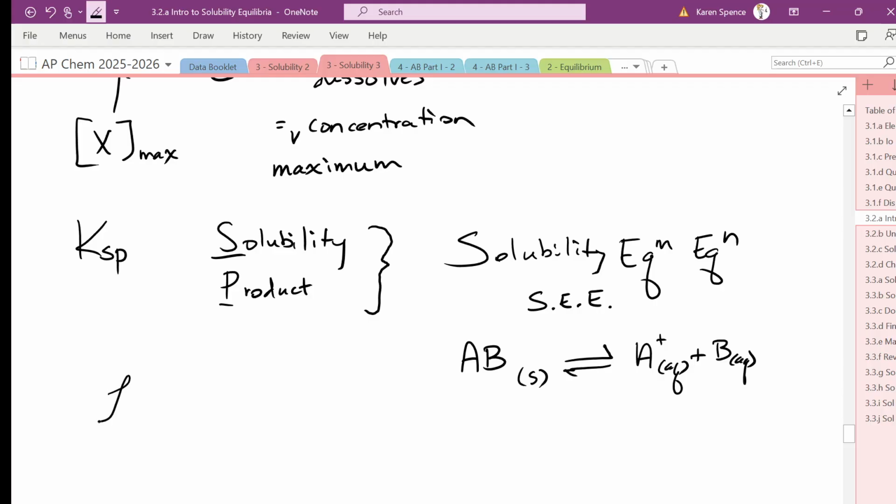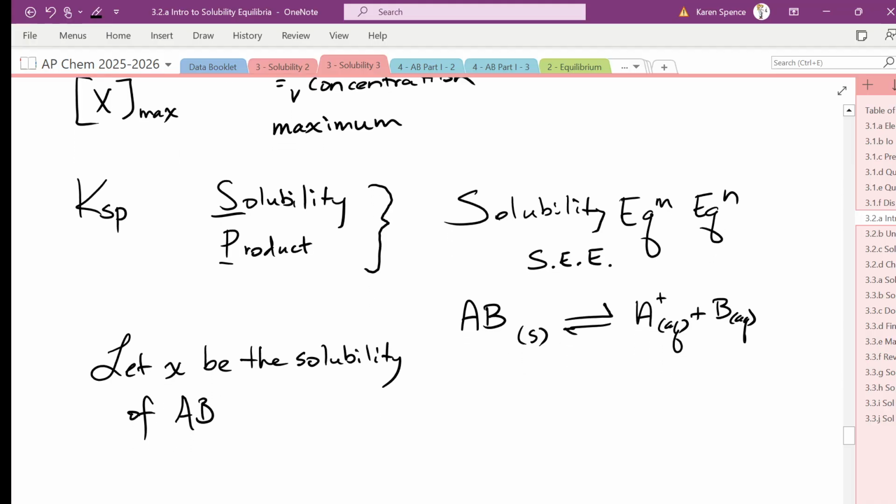So if I was to say to you, let X be the solubility of AB, could you figure out how to put that X into the KSP expression? How would we write the KSP expression?